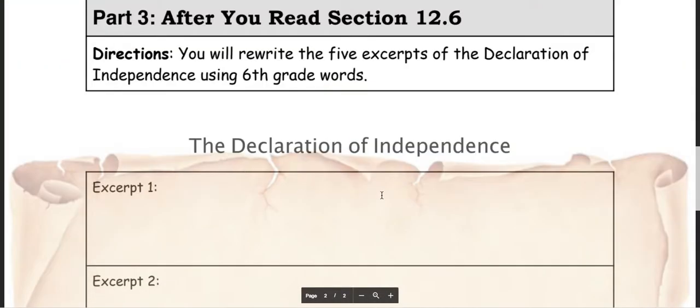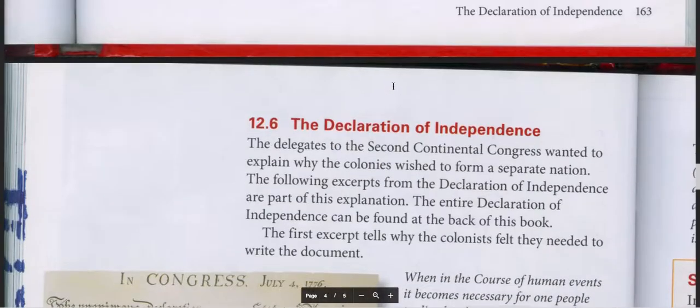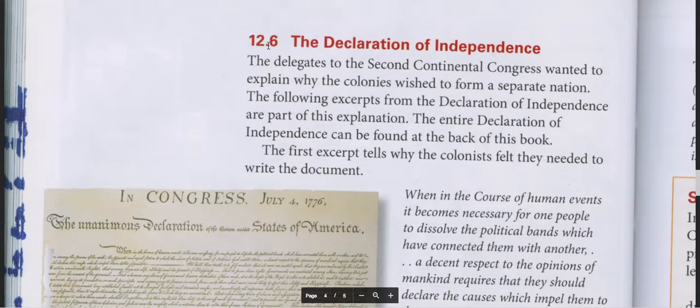You can see 1, 2, 3, 4, and 5. And you'll write inside these boxes. I will prompt you when you can pause and write them. So to our reading. It is 12.6, the Declaration of Independence. And this reading is on the classroom page. So if you need to go back to it, you can access it.